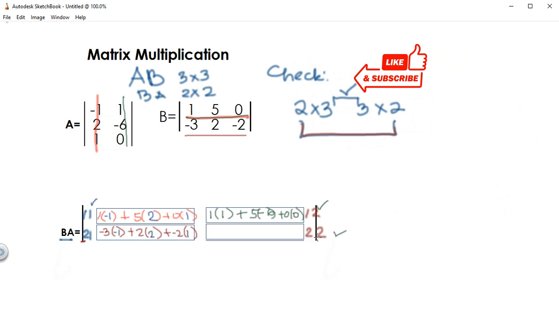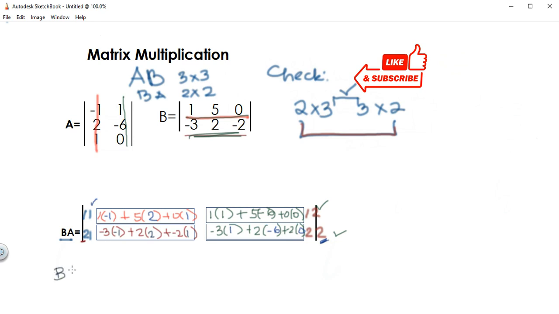The next one is second row. Second row is right here: -3 times something plus 2 times something plus -2 times something. Now what are those somethings? That's the second column, so that's going to be 1, -6, and then 0. And now it's just a matter of simplifying those.